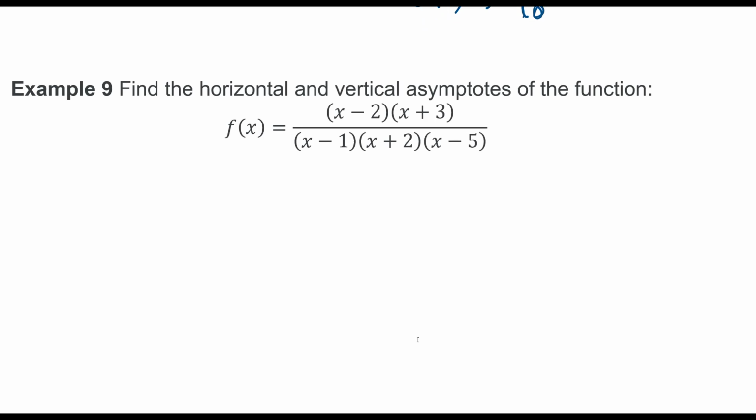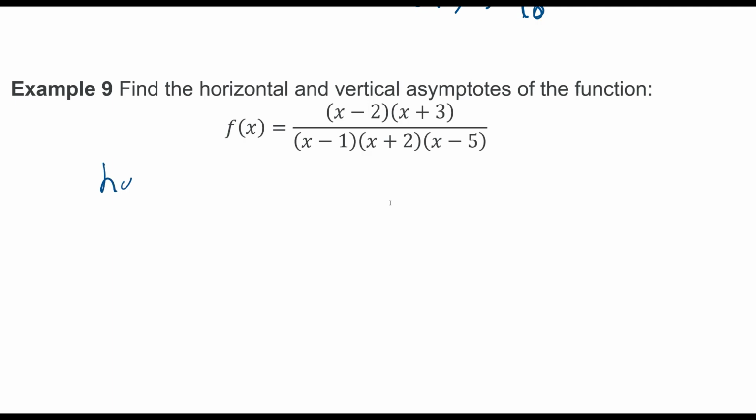Okay, find the horizontal and vertical asymptotes of the function. Let's see. Nothing's going to cancel here. x minus 2 times x plus 3 over x minus 1 times x plus 2 times x minus 5. So the degree is more on bottom than on top.